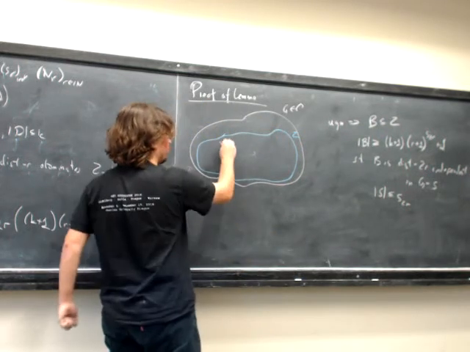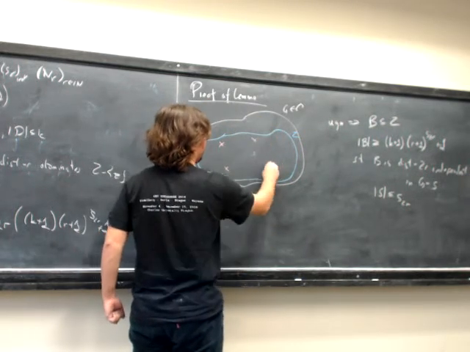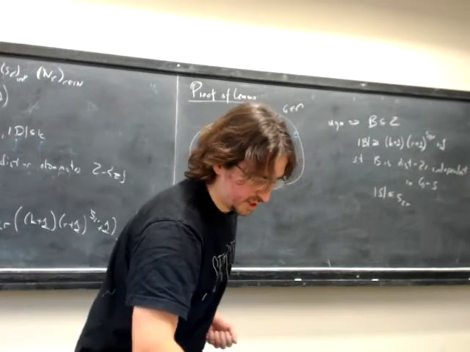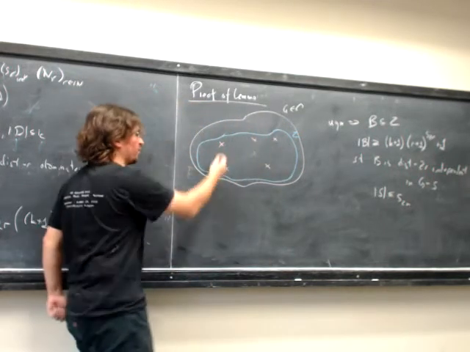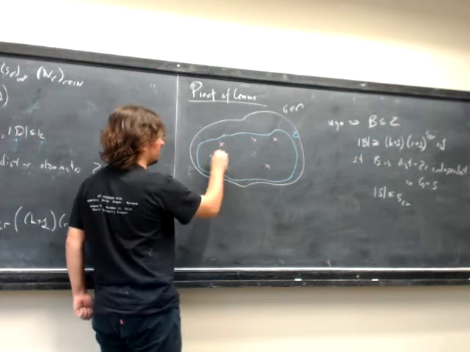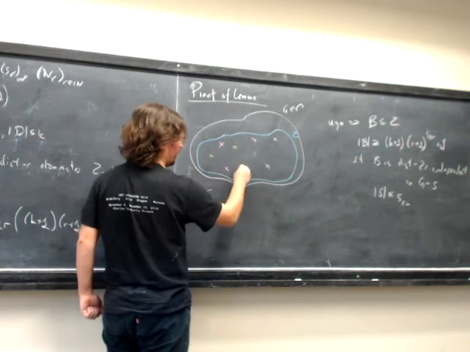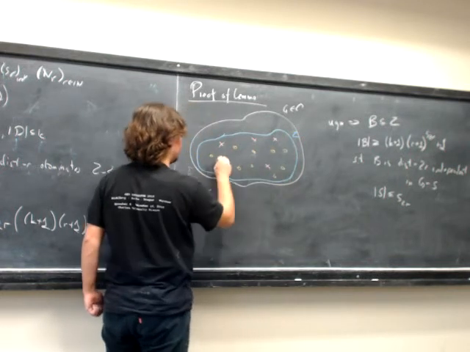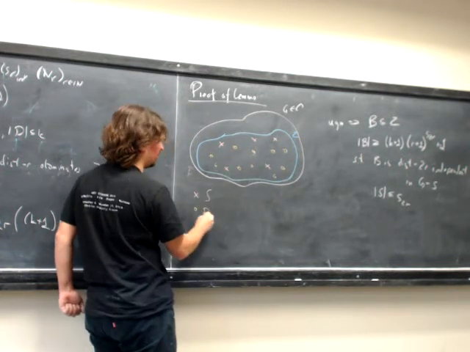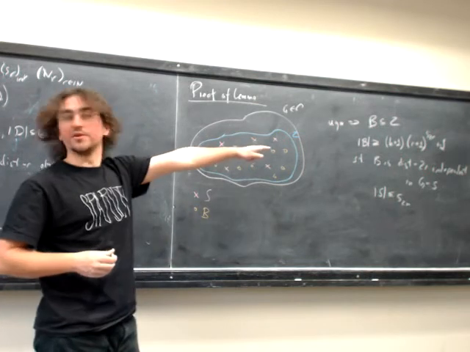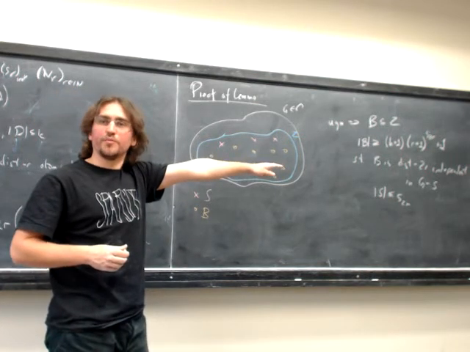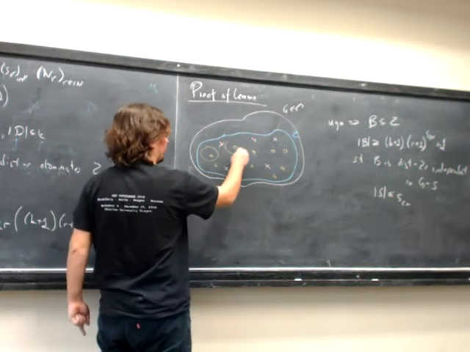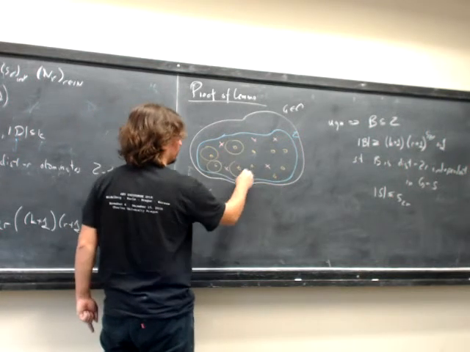Here I removed some small set of vertices S, so that after removal I've got many vertices, B, that are at distance more than 2r from each other, which means that balls of radius r around them are disjoint.